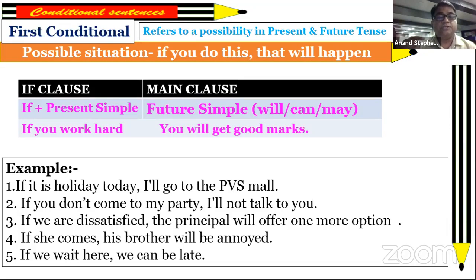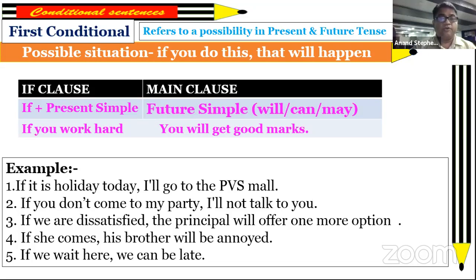In zero conditionals, they were scientific or general truth, universal truth. But here it is a possibility. One condition is dependent on other. It happens because of other action. But it is not a scientific or natural fact. ऐसा नहीं है.